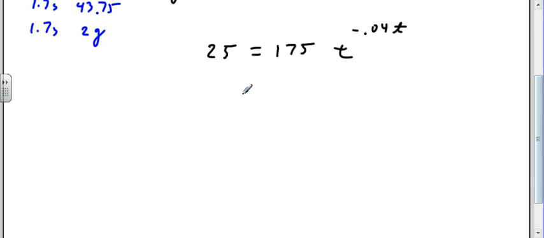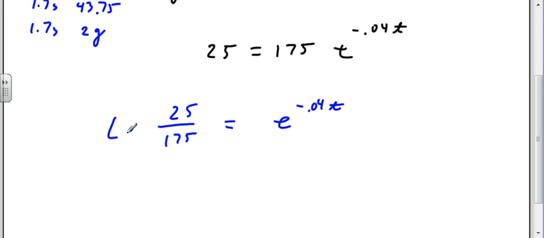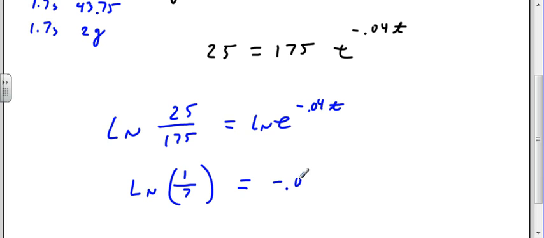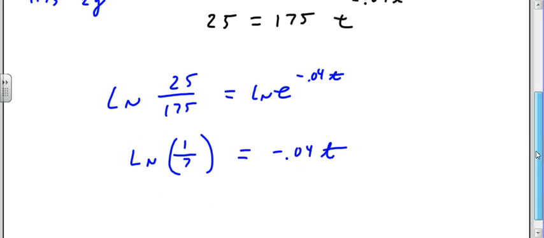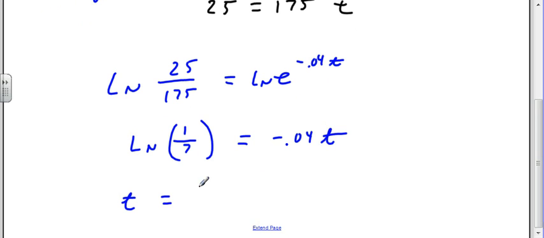All right, so here we go. 25 divided by 175 is equal to e to the minus 0.04 t. I take the natural log of both sides. So the natural log of 1 over 7 is equal to minus 0.04 t, and t is going to equal the log of 1 over 7 divided by minus 0.04.